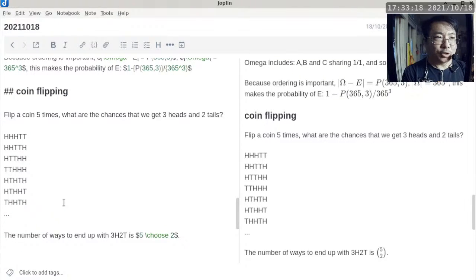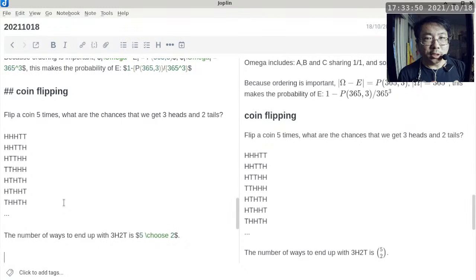Why is it 5 choose 2? Yeah, it might be 10. Well, 5 choose 2 is 5 factorial divided by 2 factorial times 3 factorial. So that is probably 10. Yep, there we go. But it is not because of 5 times 2. It turns out to be the same, but it is not because of 5 times 2. It is because of 5 choose 2.